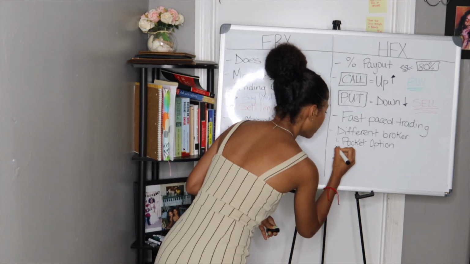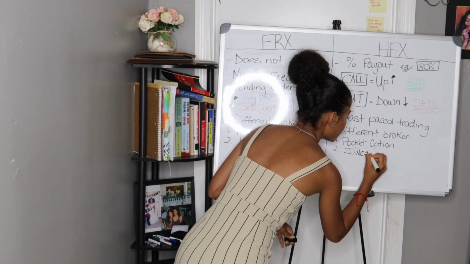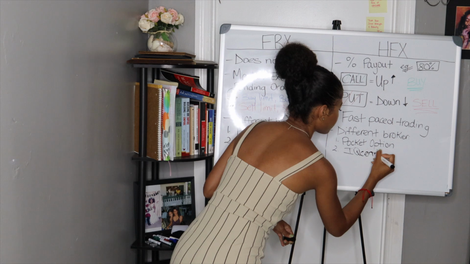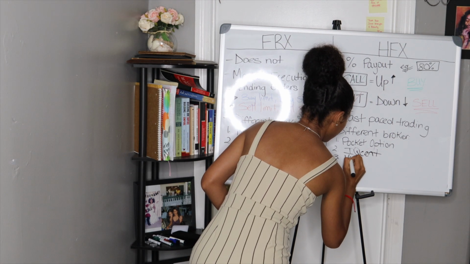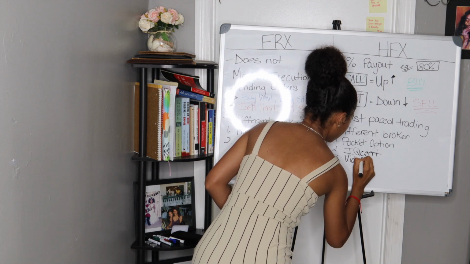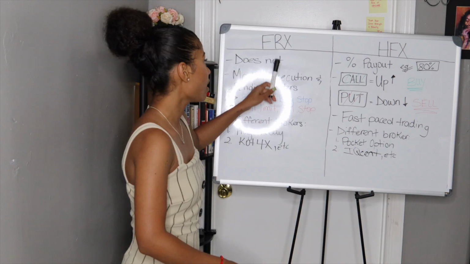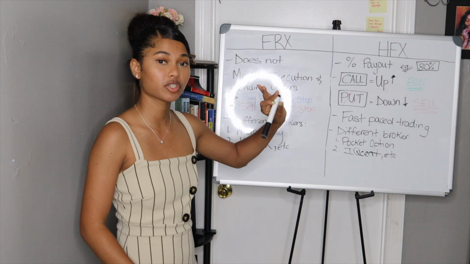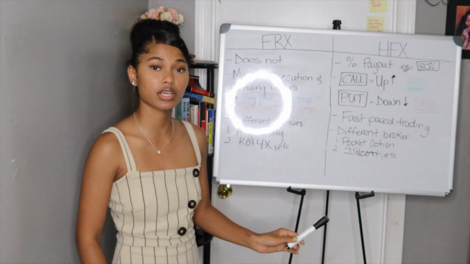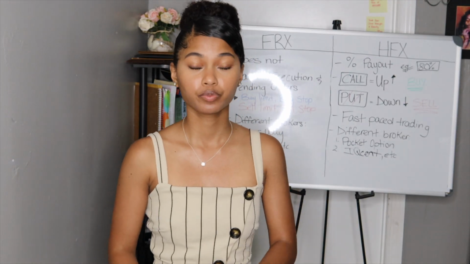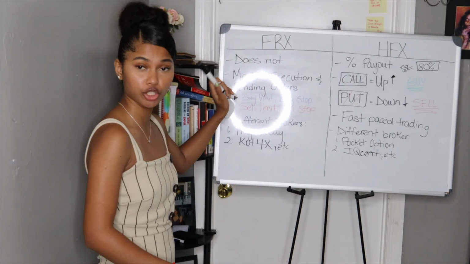Now another broker that you can use is IQ Cent, and then you have VForex. Alright, those are just some examples. Now the last difference between both is FRX, you use an app called MetaTrader or MT4 to trade with margin trading.